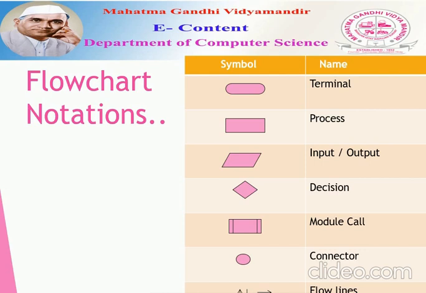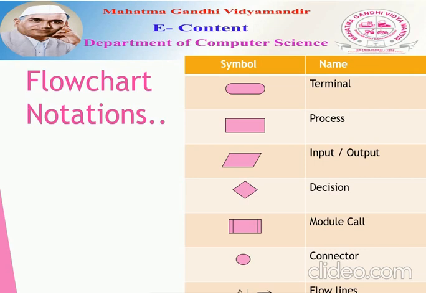So we are going to see some flowchart notations. There are some symbols and names given over here that I am going to explain to you. First symbol, see, it is known as terminal.